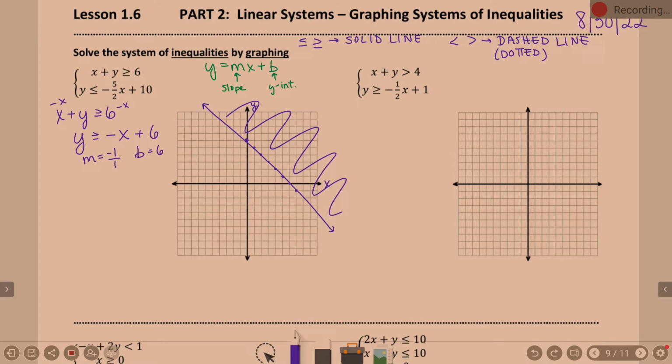There's my light shading for the moment. Let's see. I'll put over here that any type of greater than or greater than or equal to, we're going to shade above. What's that mean about our less than symbols?